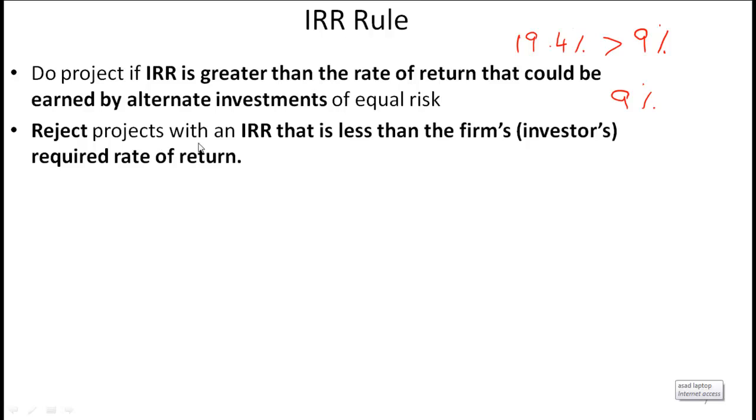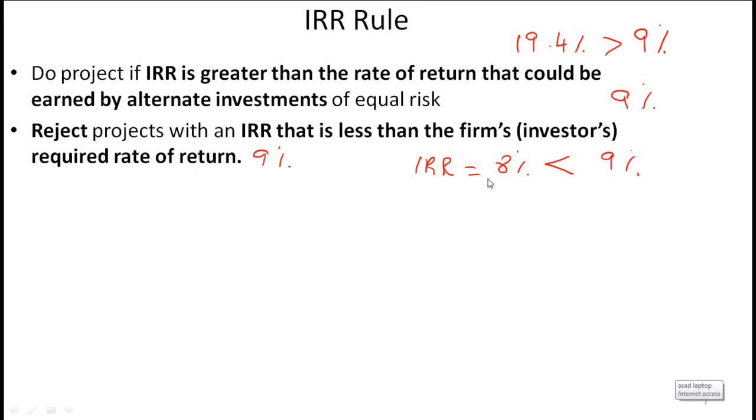And you should reject projects with an IRR that is less than the firm's required rate of return. So if the firm's rate of return is 9% and you come up with IRR equal to 8%, you should reject because 8% is less than the 9% required rate of return. I'll describe this briefly right now, but we'll see it in more detail in corporate finance.